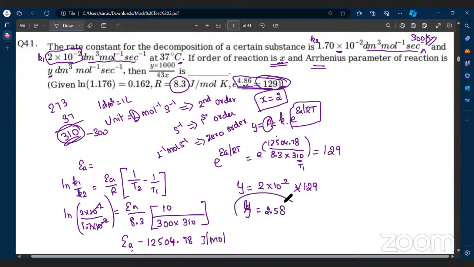So now you got Y, you got X, just substitute over here. Y into 1000, 2.58 into 1000 by 43 into the X value, which is 2. So 43 into 2. Just evaluate this and you get the answer.